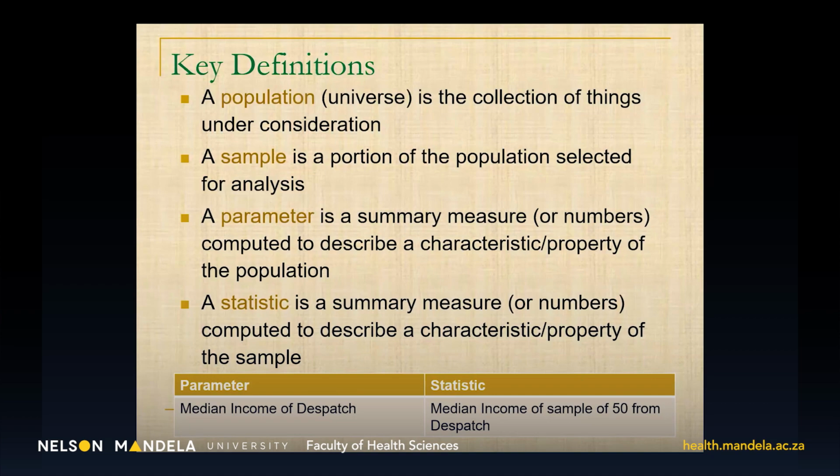But the statistic is the median income of a sample of 50 people that we got in Despatch. So we sampled a few people in Despatch, we got 50 of them. We asked them, do you live in Despatch? They say, yes, indeed. And we look at the median income of those 50 and hope that these 50, now there are issues there, but we'll deal with those issues, represent all the people of Despatch that have an income.